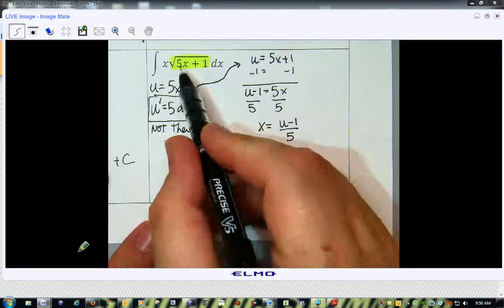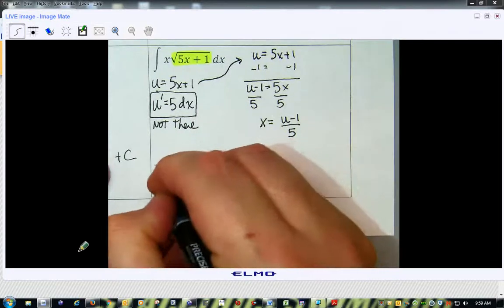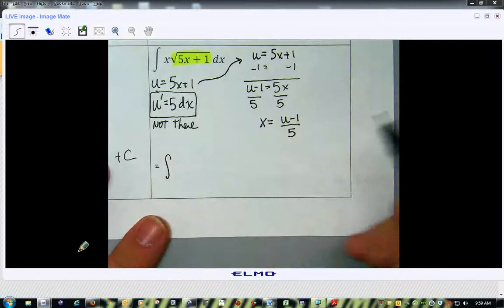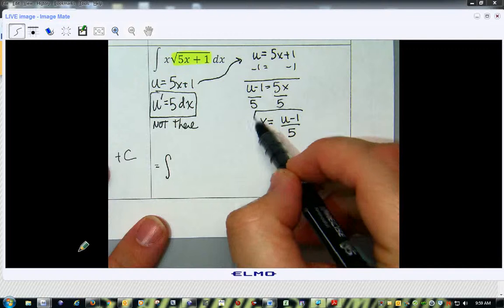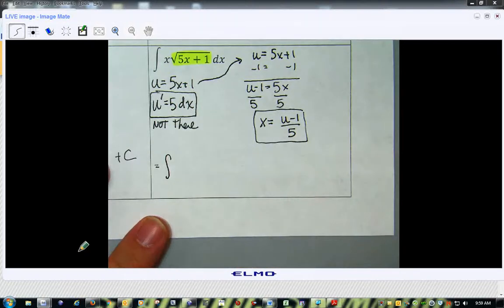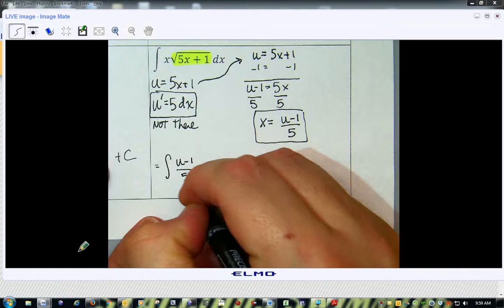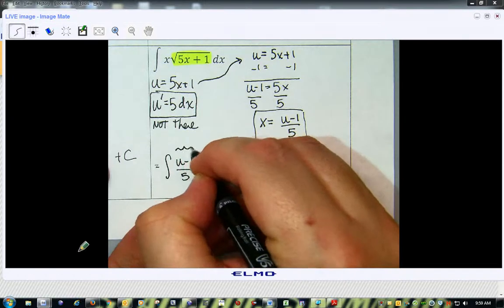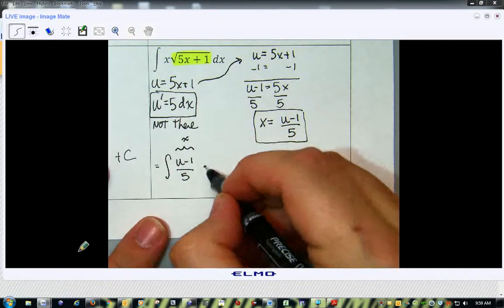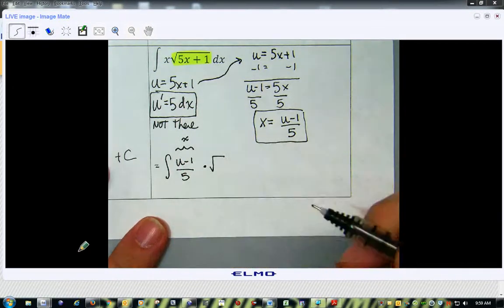Now, I can go back to the integral. Do I know what x is? Yeah, u minus 1 over 5. So this is my x, and that's times the square root of what? U.